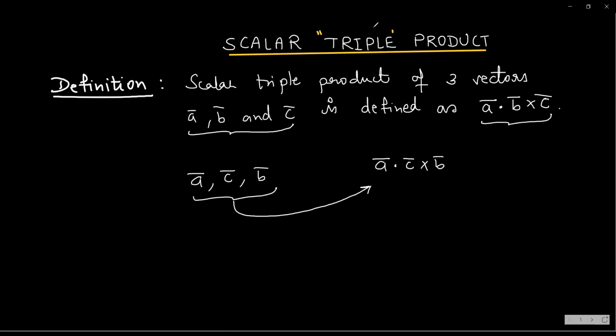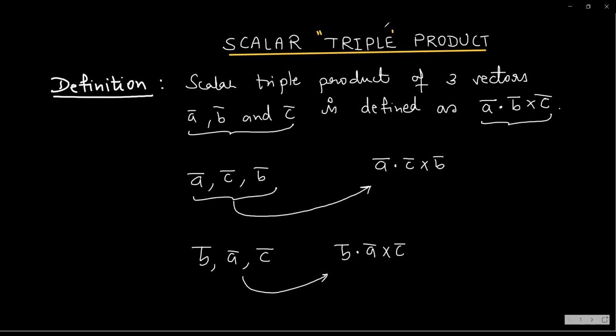So how did I define? I said the scalar triple product of three vectors A bar, B bar and C bar is defined as A bar dot B bar cross C bar. And here I told you that order is important. If you have B bar, A bar, C bar, then you will write this as B bar dot A bar cross C bar. This is the way you will write.